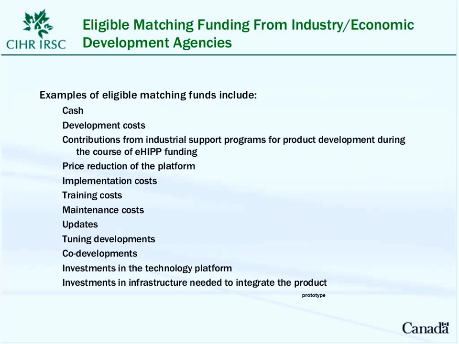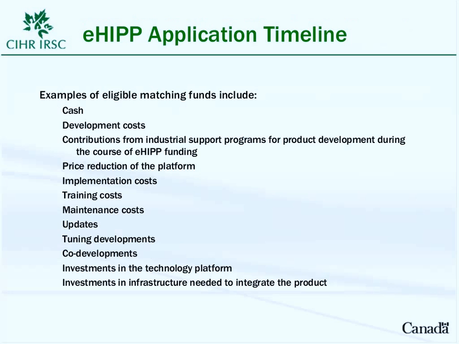And moreover, we've made a fairly generous envelope for what's considered cash equivalents. So cash is certainly welcome, but also cash equivalents such as development costs, price reduction of the platform, implementation costs, training costs, maintenance costs, updates, tuning developments, et cetera, are all considered to be eligible matching funds.